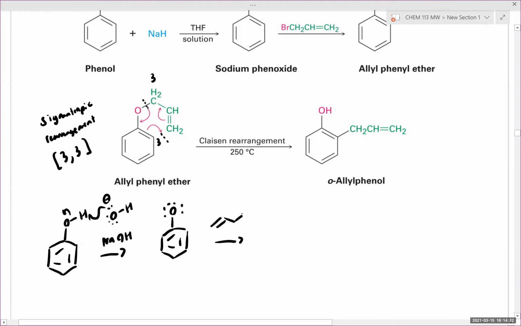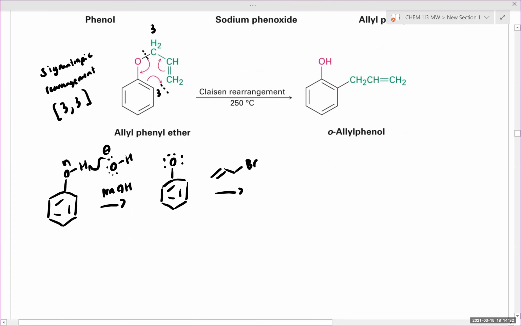We then treat it with our allyl bromide, and these can be substituted, but generally you like to use simple allyl bromides just to avoid issues with getting the actual Claisen rearrangement to go. That in turn generates our allyl phenyl ether. Now let me draw our double bonds in the right spot. And from there, upon heating, this initiates a 3,3 sigmatropic rearrangement.